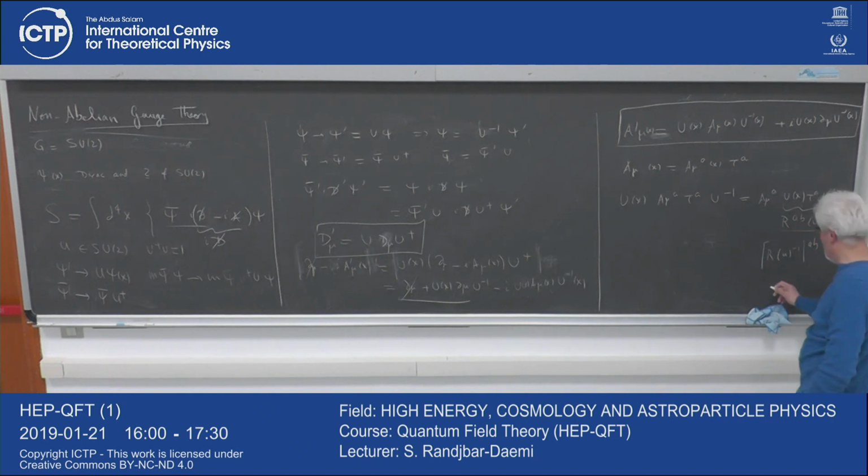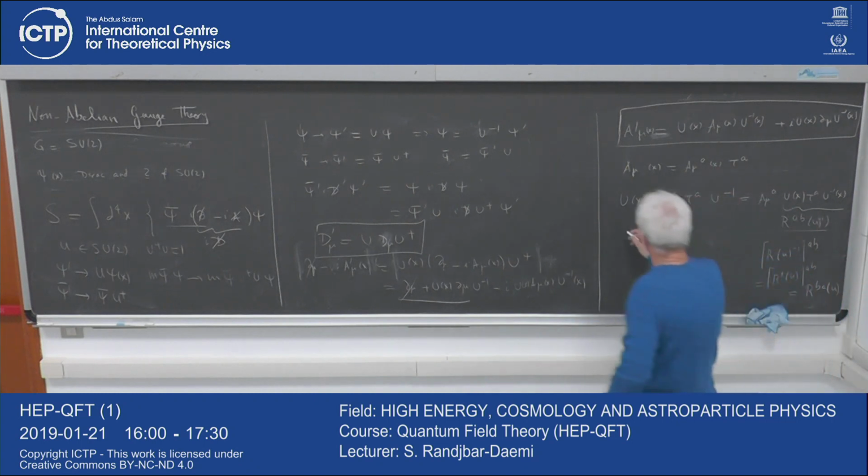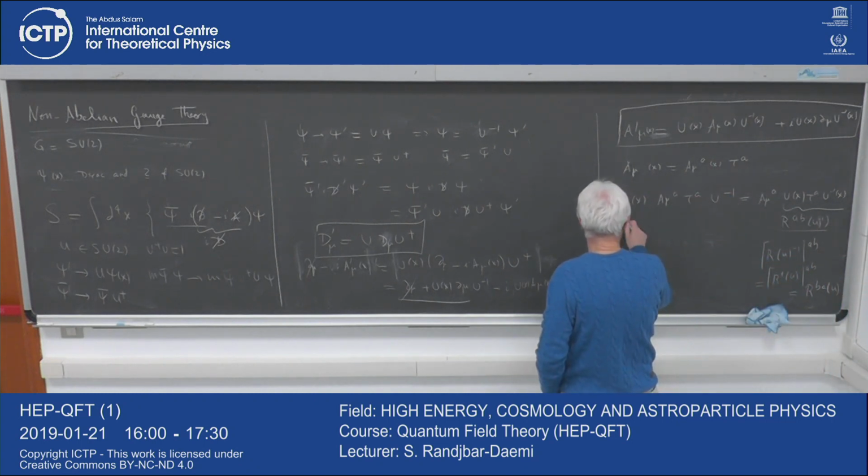Since R is an orthogonal matrix, you can write this as R transpose AB. But R transpose AB is R BA of U. Therefore, the whole thing becomes A prime A tau.